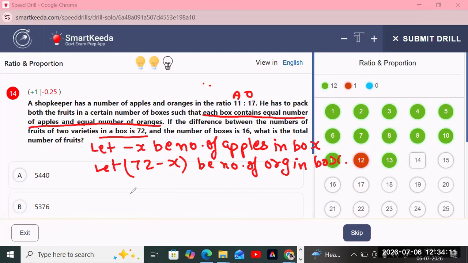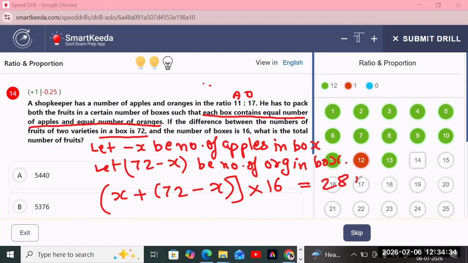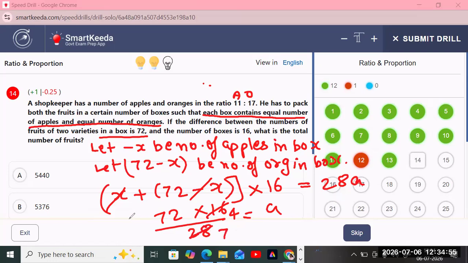Okay, now number of apples plus number of oranges into 16 boxes is equal to 28. 72 into 16 upon 28. 4, 7, 2, 8, 11 by 7.